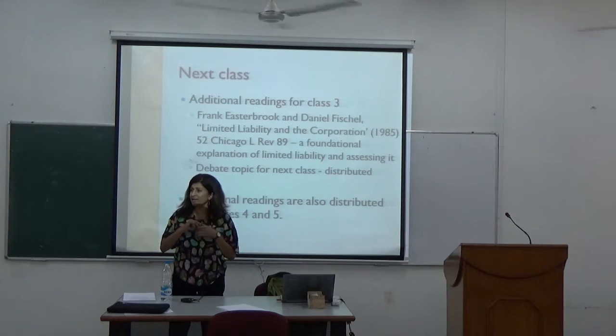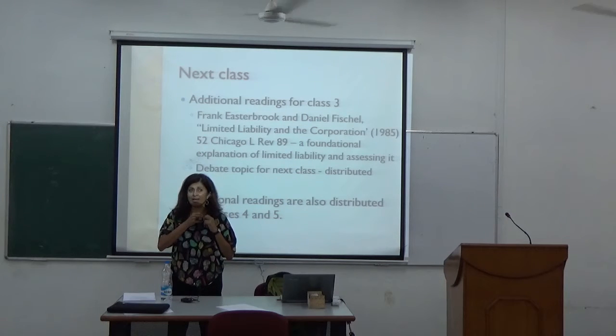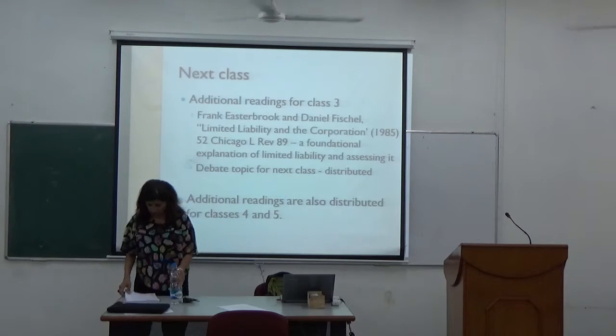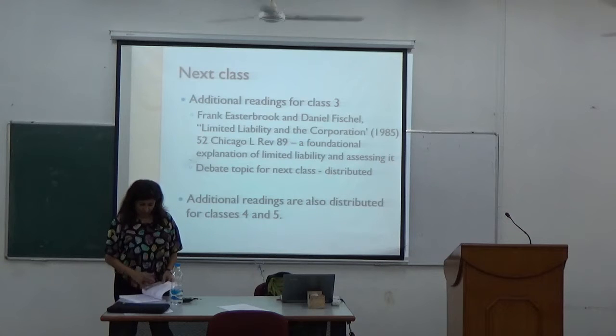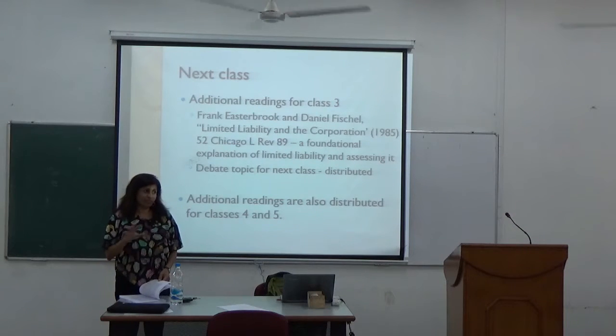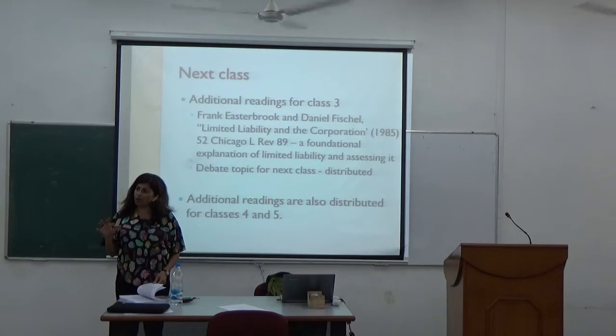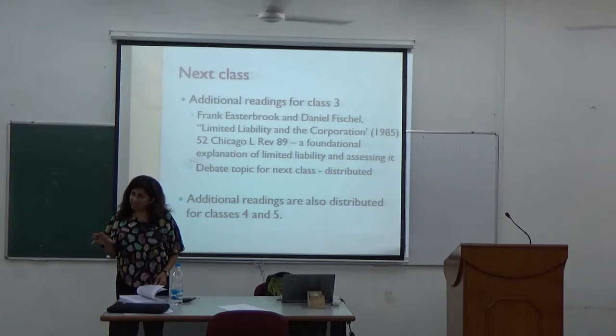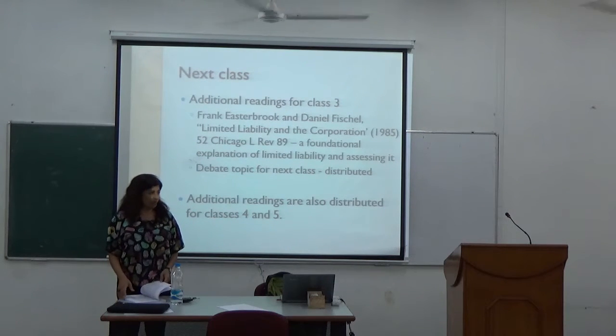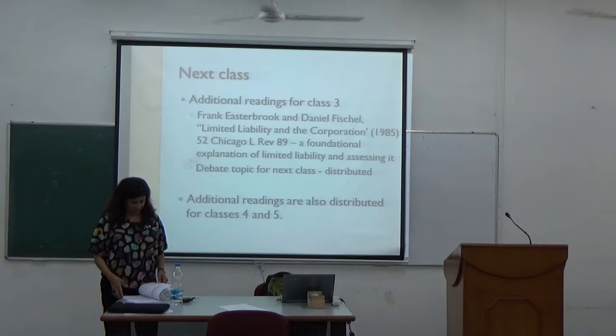Yeah, so next time I thought we could talk about this article that I've included, which is by Easterbrook and Fischel, and the reason for that is it goes through how a corporation works, who does the monitoring, why it is a really good way to allocate resources, who takes the risk.